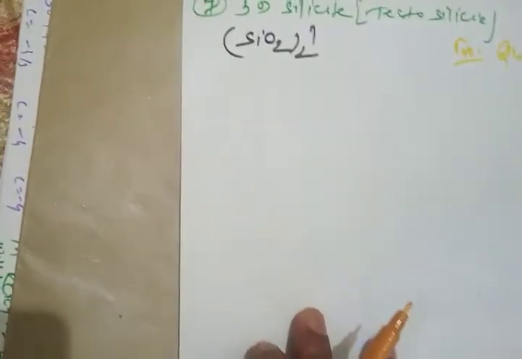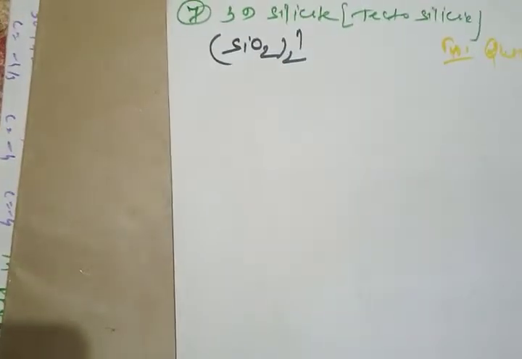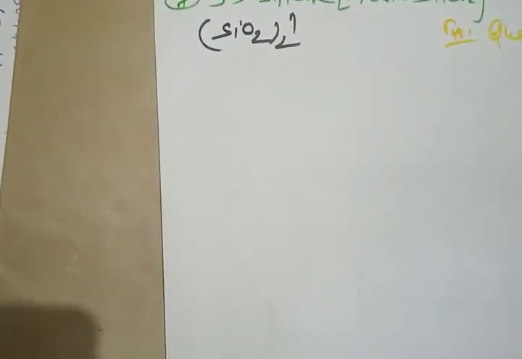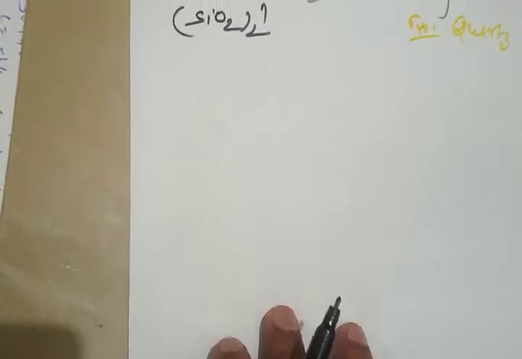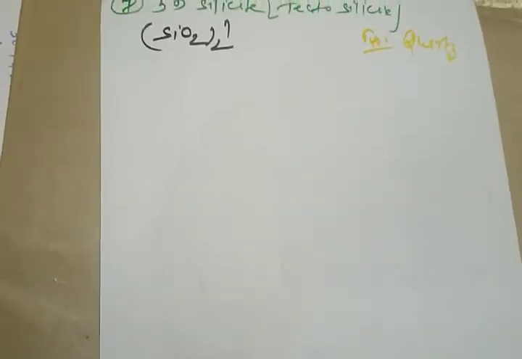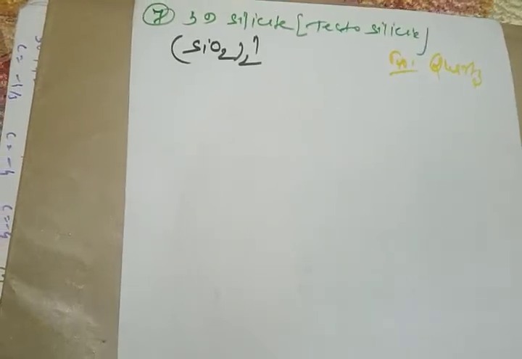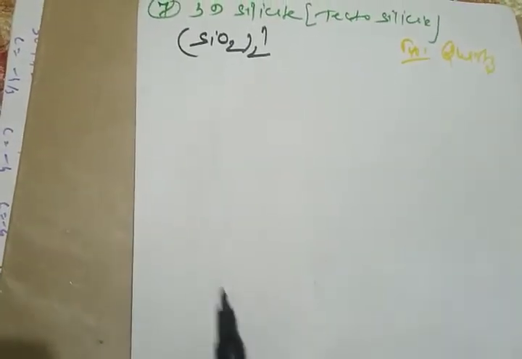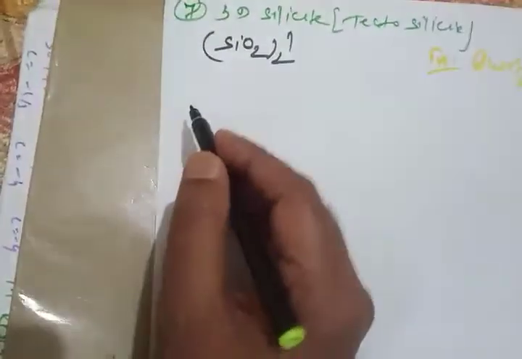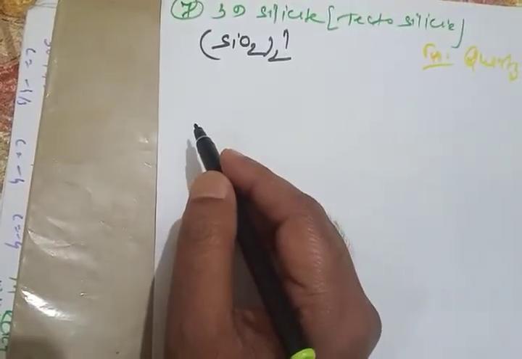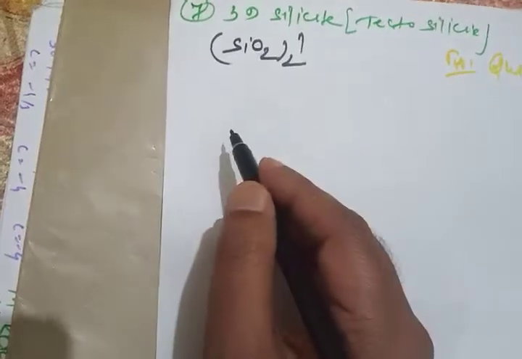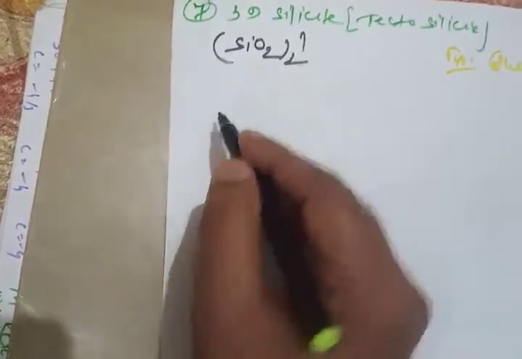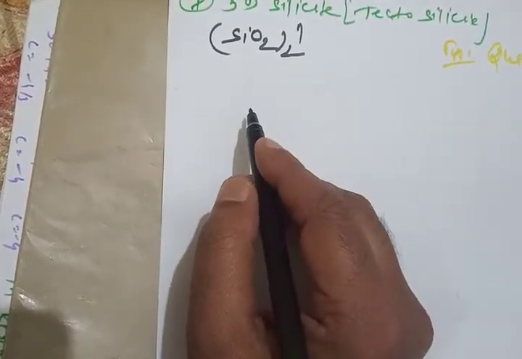Now, so far we have discussed the 7 types of silicates. One thing is that it is very difficult to remember the formulas of all silicates, because we have 7 types of silicates. So I have an idea for that, and with the help of this, you can easily identify the formula.